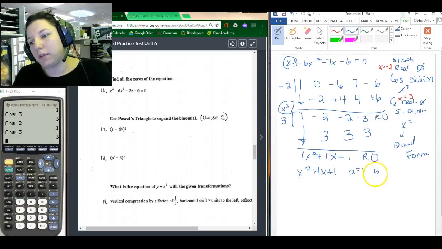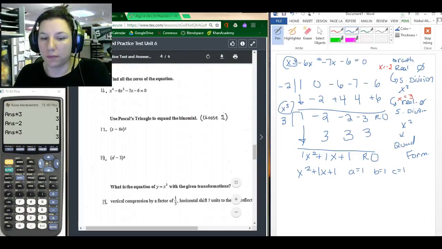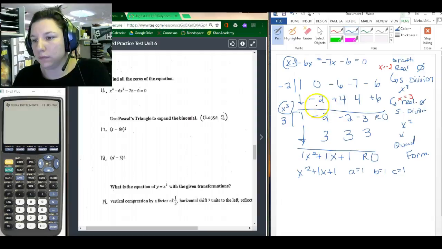A is 1, B is 1, C is 1, and we're going to plug that into the quadratic formula. X equals -b plus or minus the square root of b squared minus 4 times a times c, over 2 times a.